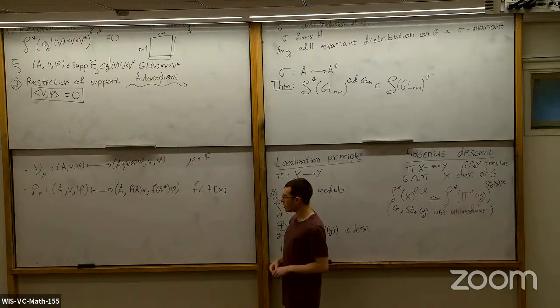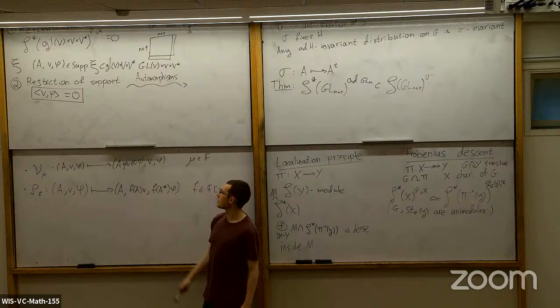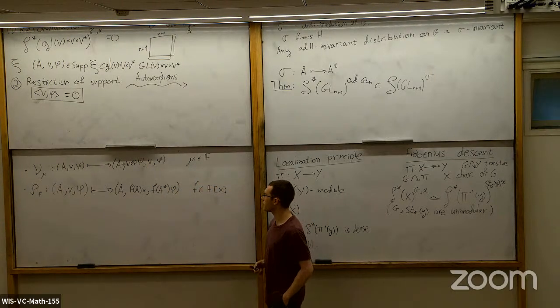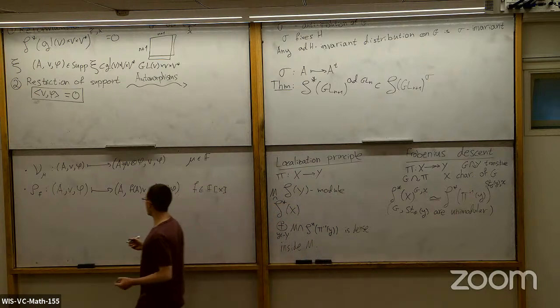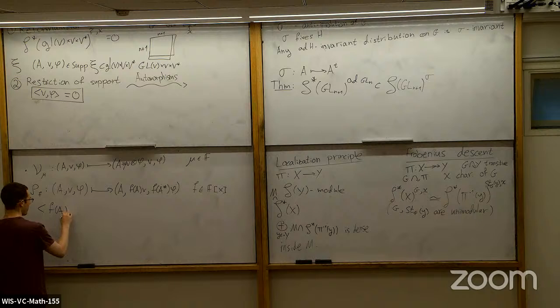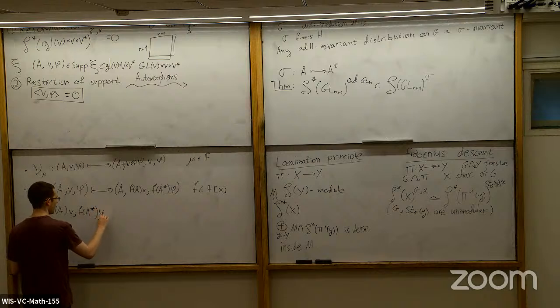So what happens if we use the first to amplify this condition? We get nothing, right? Because we didn't touch v and phi. But if we use the second, we get that <f(A)v, f(A star)phi> is 0.